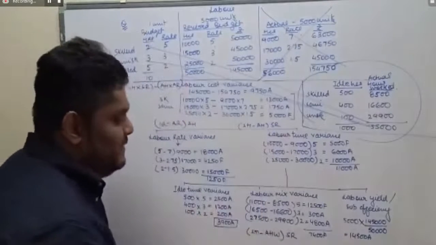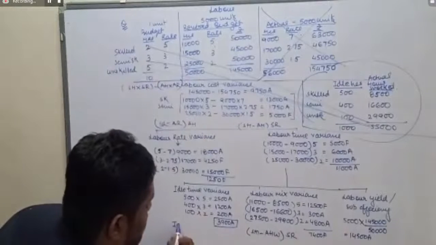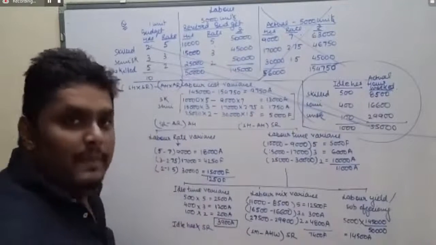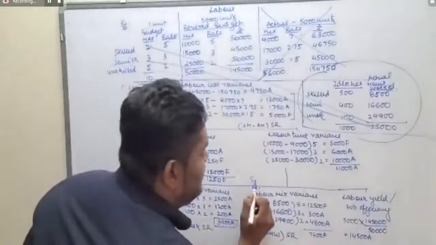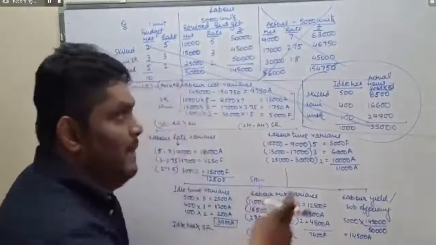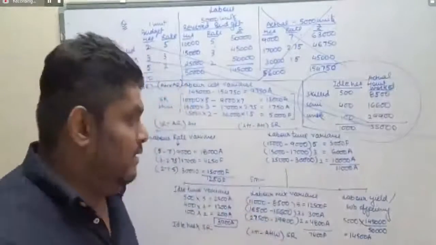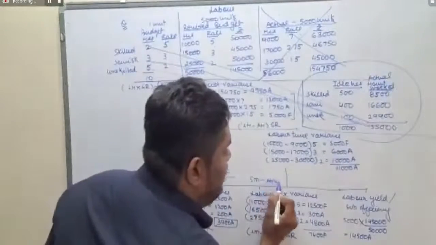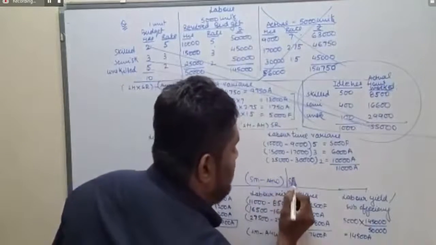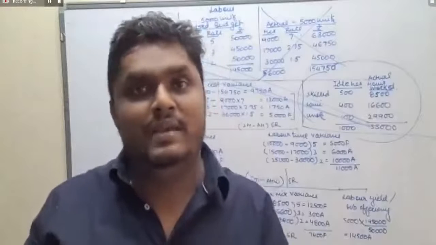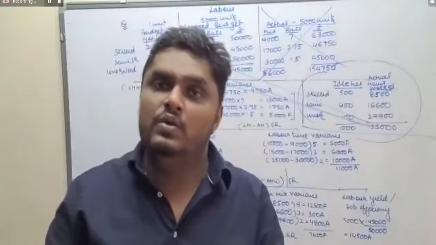As far as idle time is concerned, idle hours into standard rate. Labor mix variance, I've already discussed: standard mix minus actual hours worked rather than actual hours paid, so actual hours worked into standard rate. And herein also standard hours minus standard mix into standard rate.